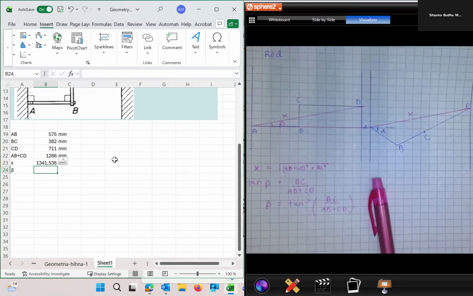And then I have to do it in the Excel. So I have to put first the degrees, then I have to put the atan.